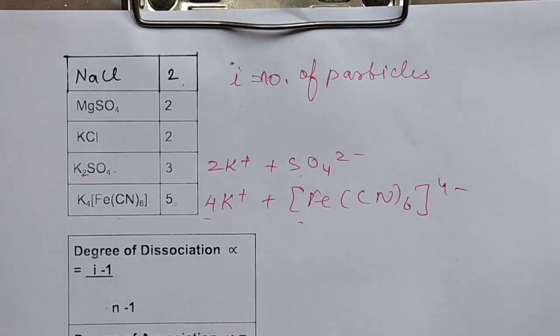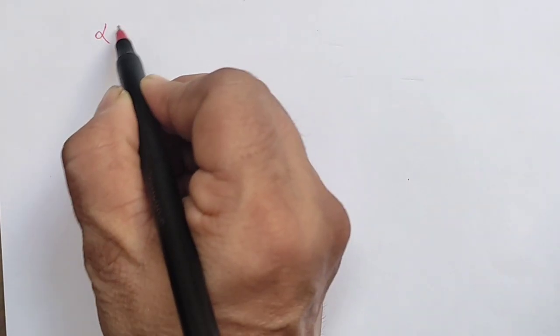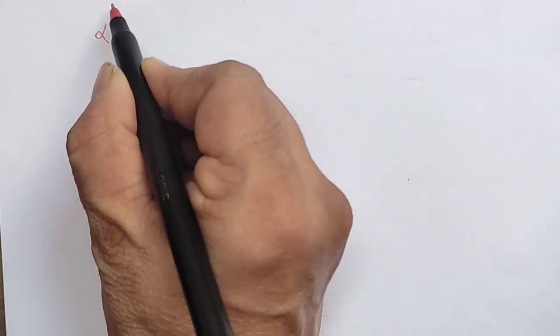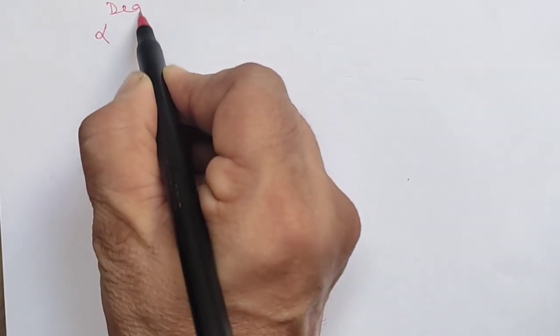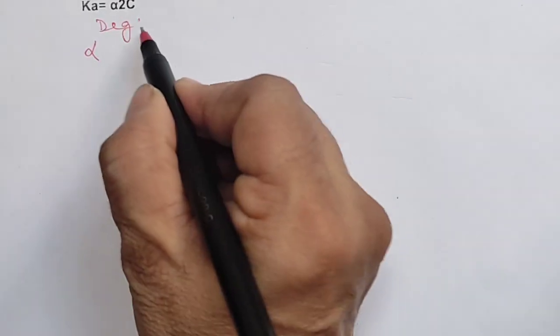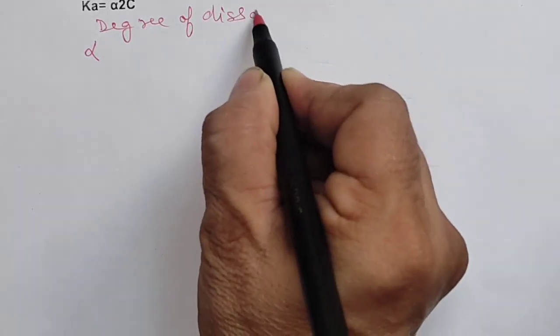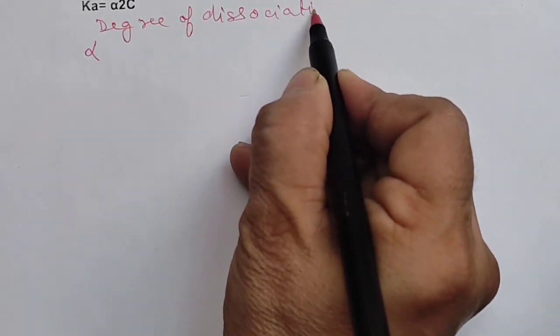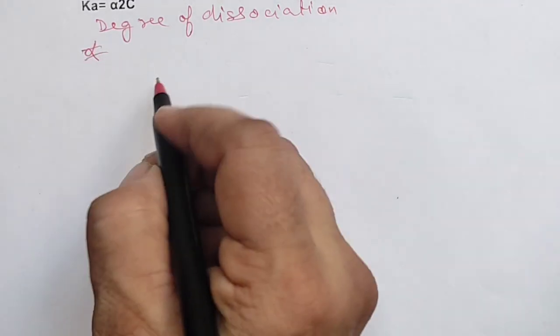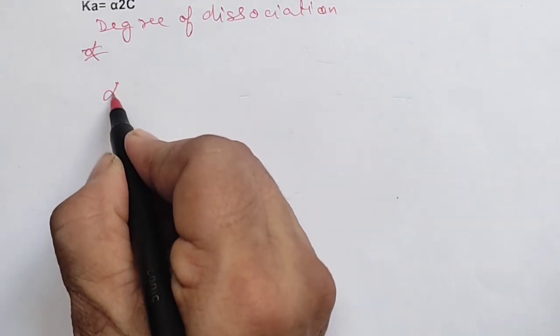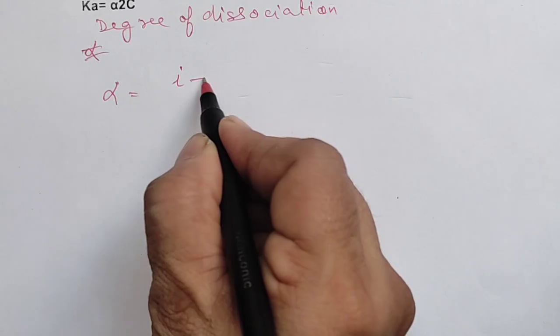Right. Suppose it says this is not 100% dissociated. Then the degree of dissociation will be given to it, alpha. If the particle is undergoing dissociation, the degree of dissociation will be written as alpha is equal to i minus 1 by n minus 1.